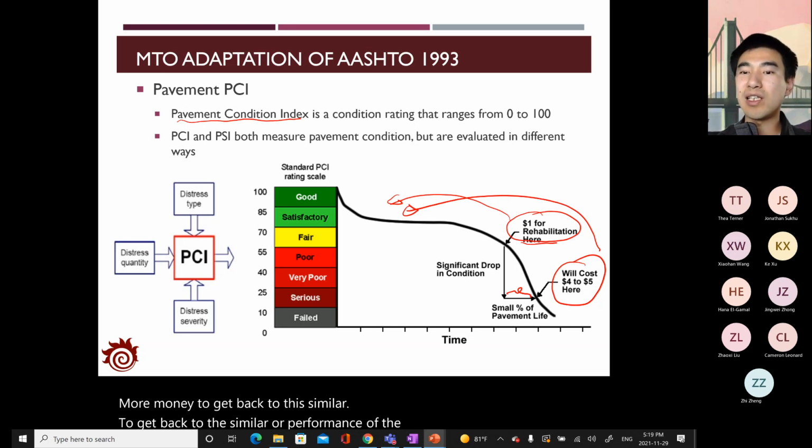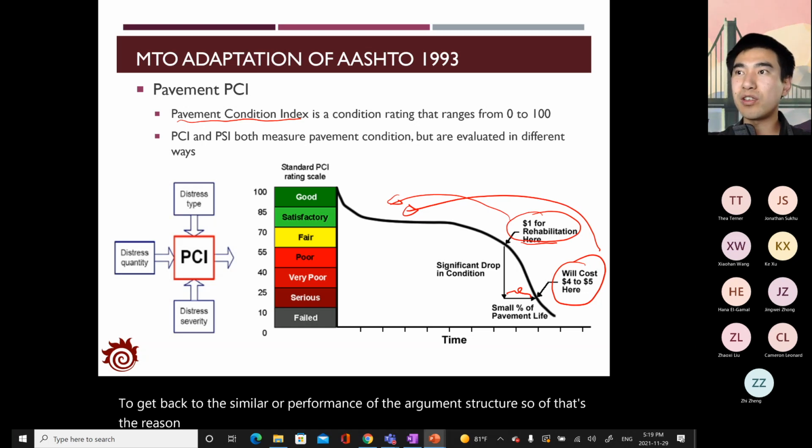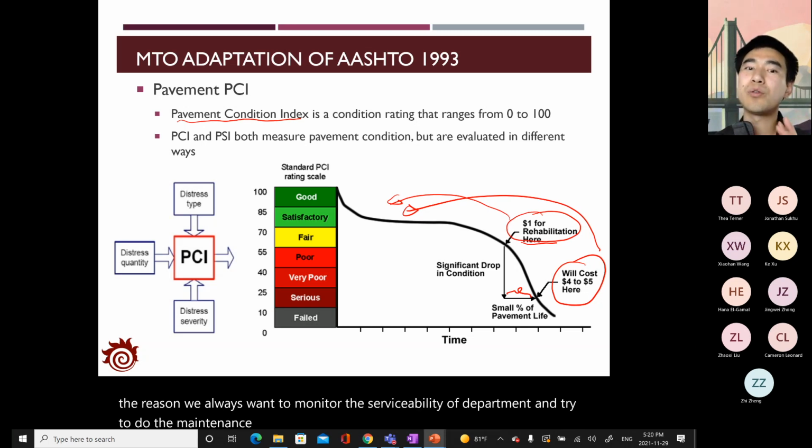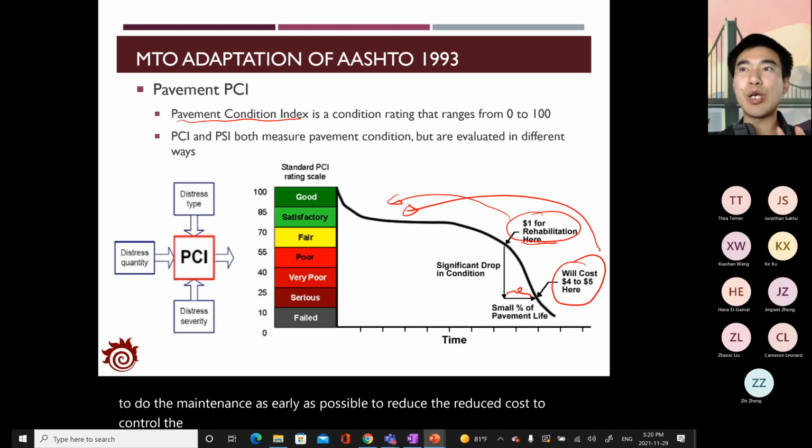So that's the reason we always want to monitor the serviceability of the pavement and try to do the maintenance as early as possible to reduce the cost, to control the budget for the pavement design.